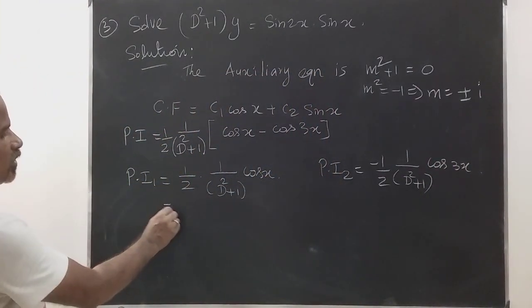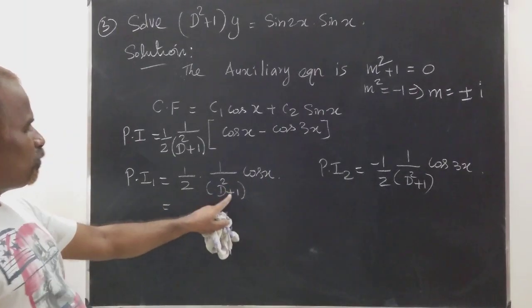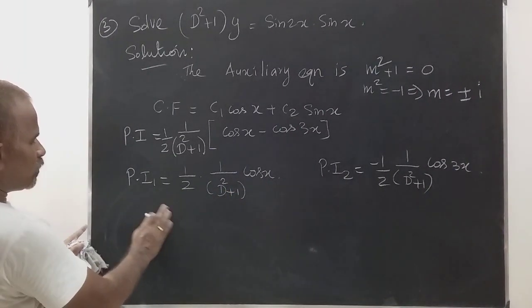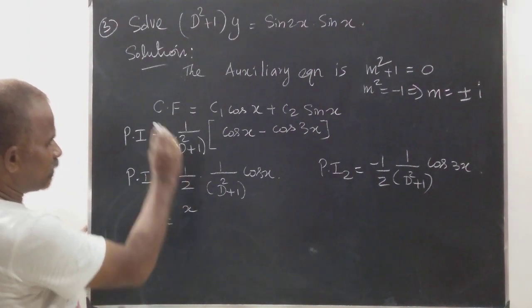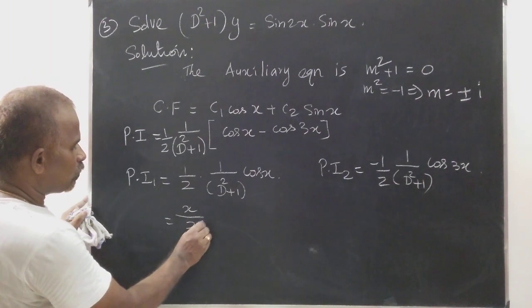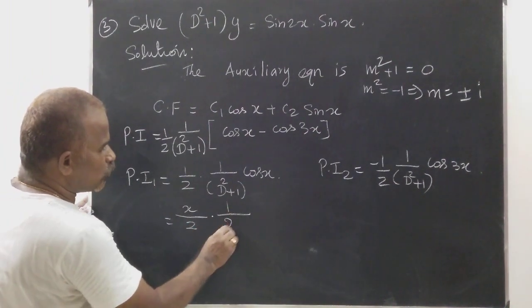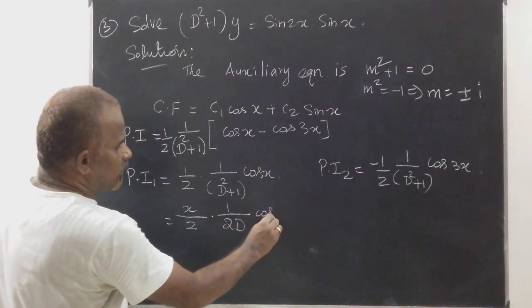So therefore D square is replaced by minus 1. Minus 1 plus 1 becomes 0. So therefore I can multiply it by x divided by 2 into 1 by 2D cos x.